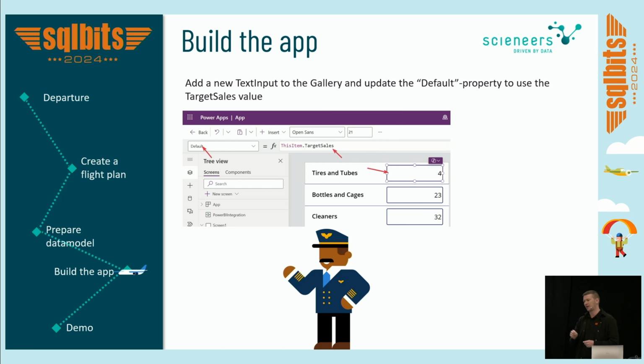So the field you drag and drop down to the visual, that is the field names which appear here. So in that case, that is TargetSales for me.